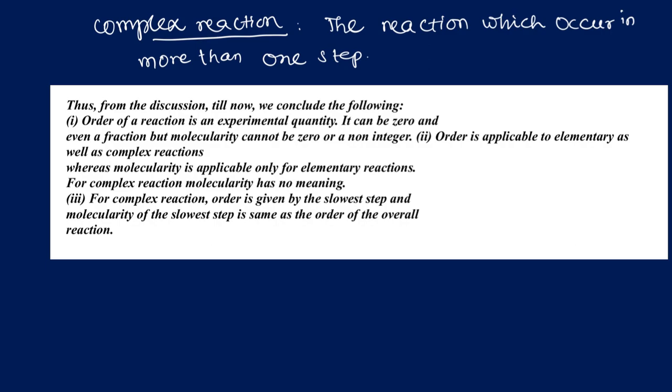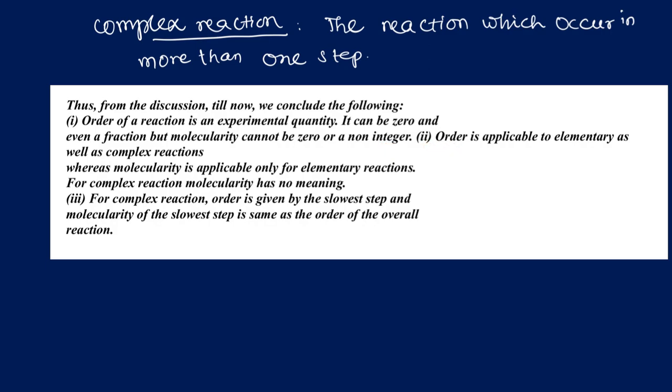In that mechanism, some reactions are elementary and some are complex. So order of reaction can be 0 and even a fraction, but molecularity cannot be 0 or a non-integer.